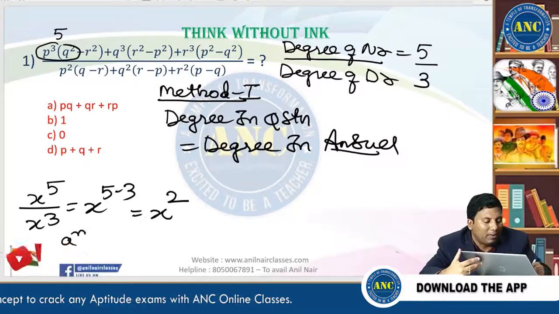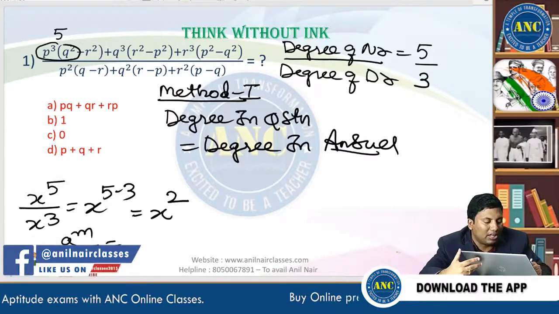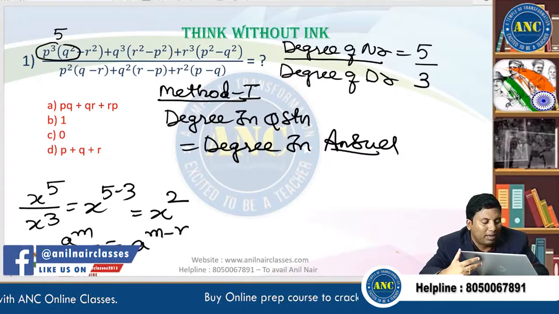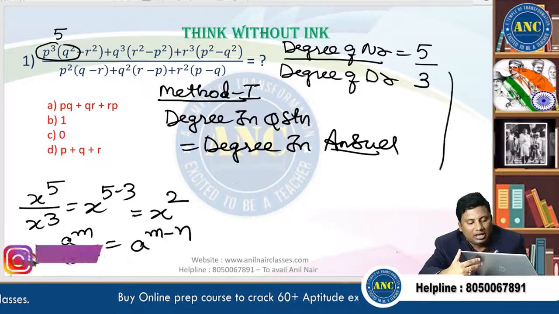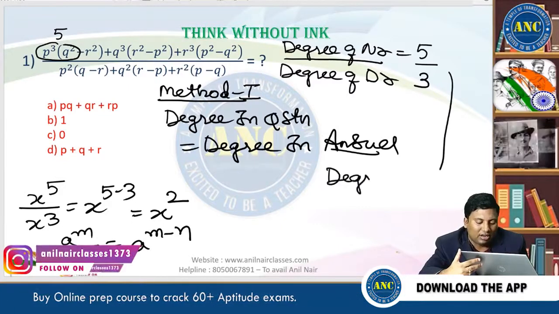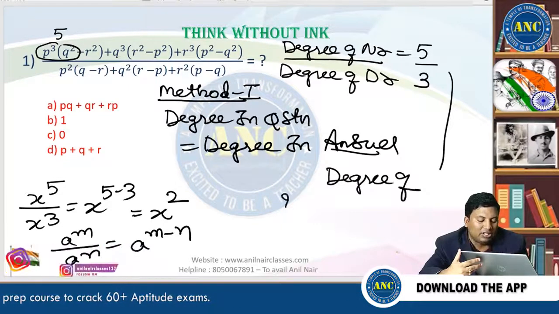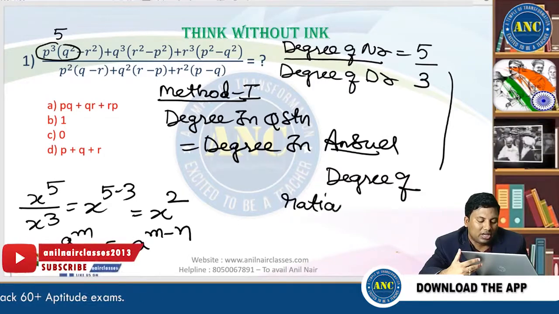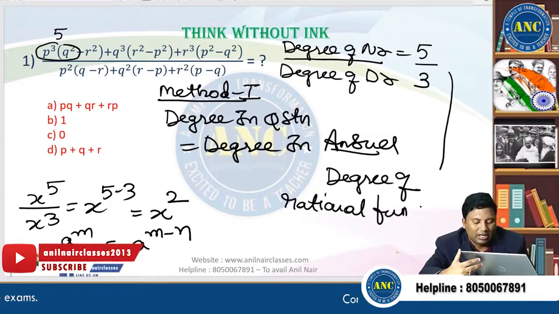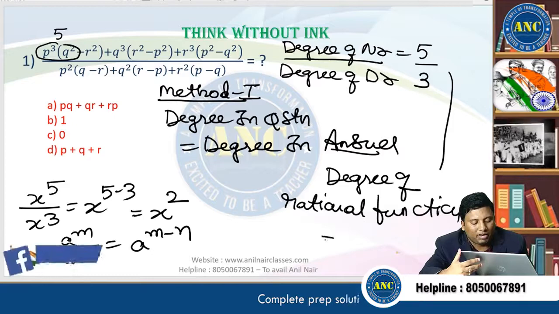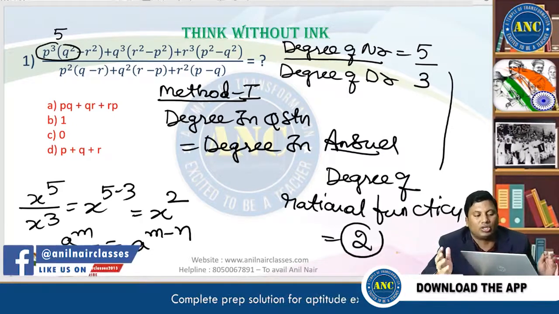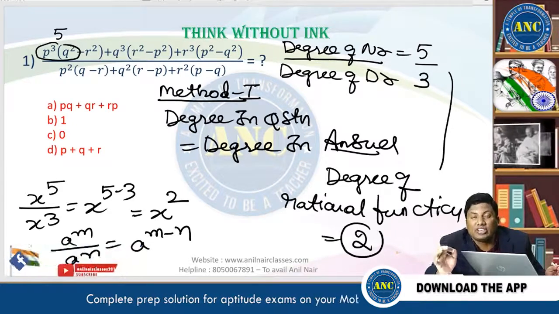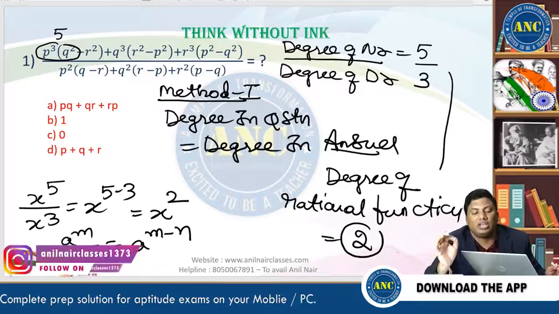Am I right? A power m by a power n is nothing but a power m minus n. That means degree of this entire rational function is 5 minus 3, which is 2. Degree of the rational function in the question is 2.